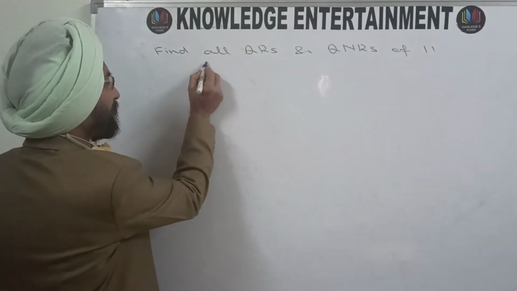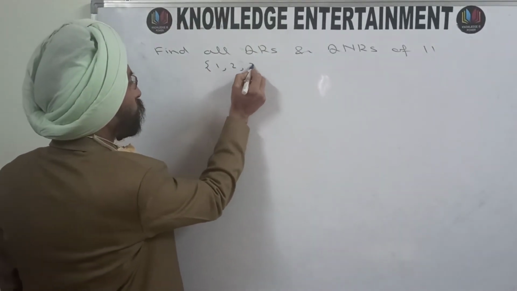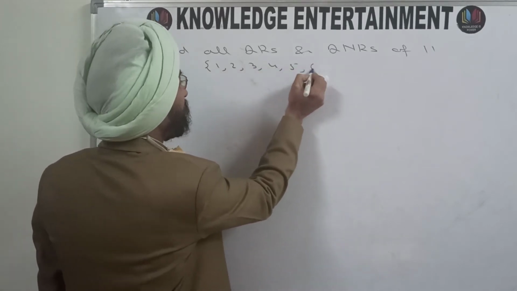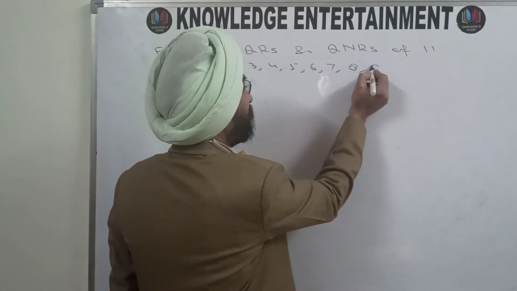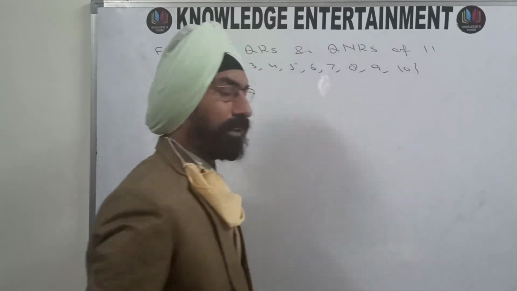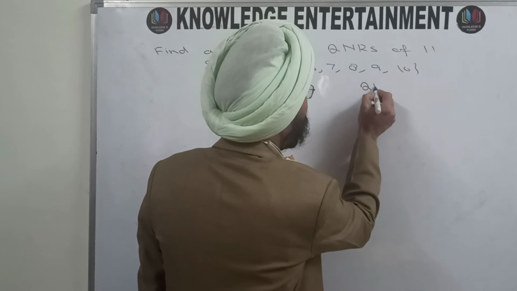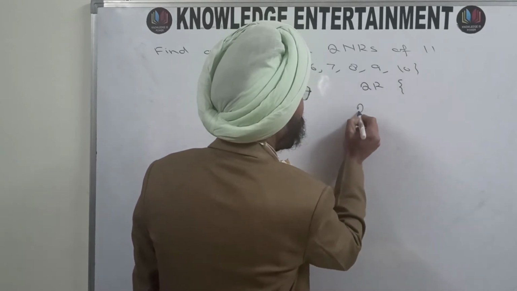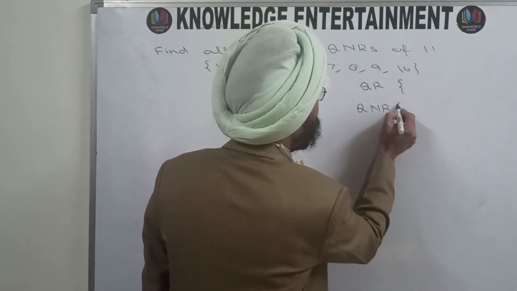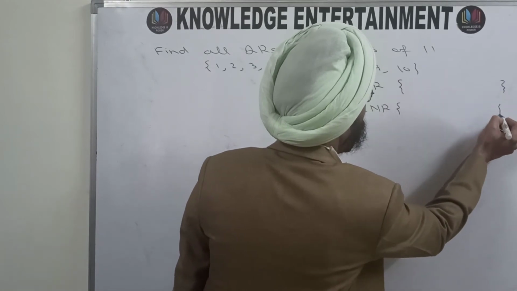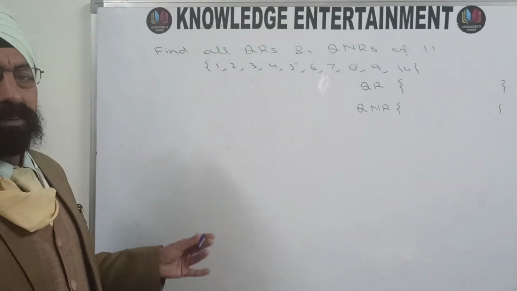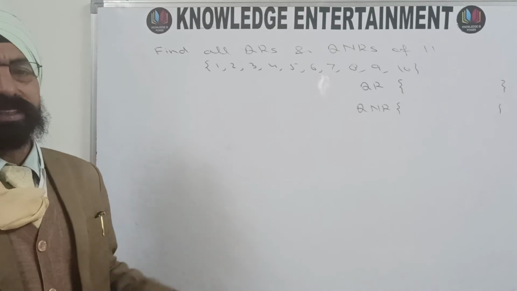You start with this set 1, 2, 3, 4, 5, 6, 7, 8, 9 and 10. I am writing here the set of quadratic residues and the set of quadratic non-residues. Let me check one by one and let us see what number goes in which set.